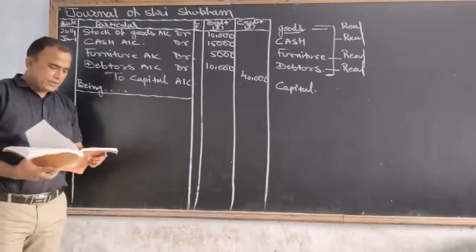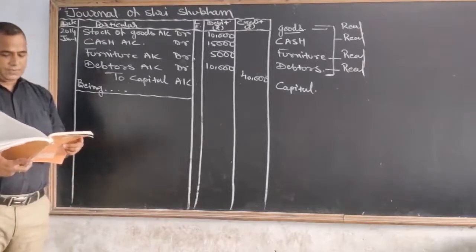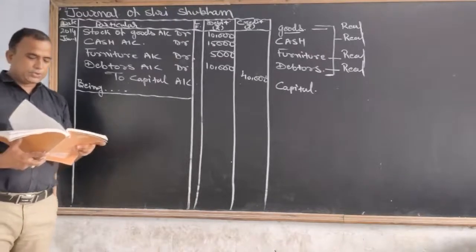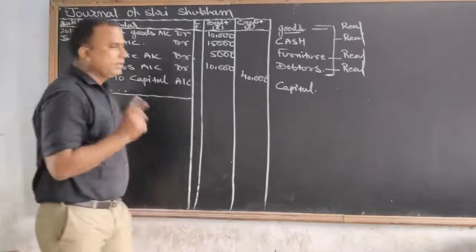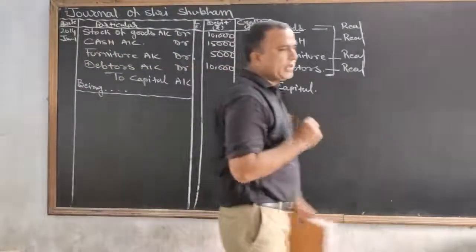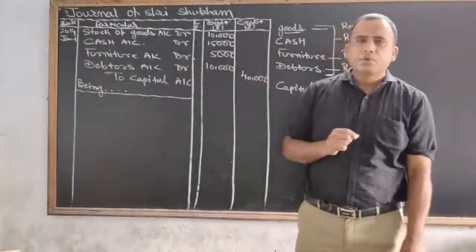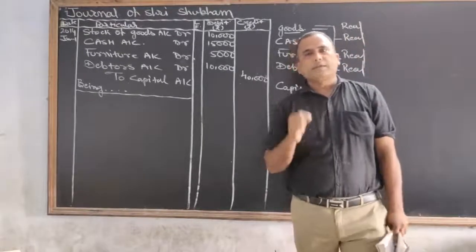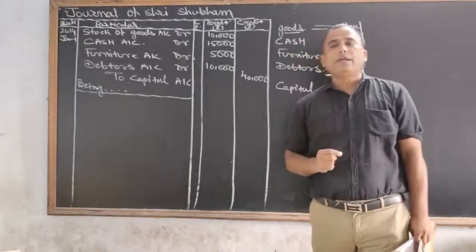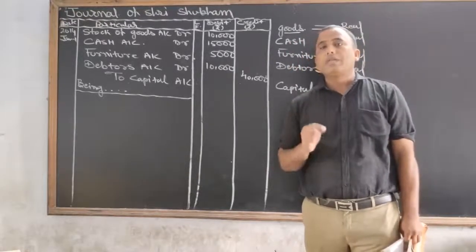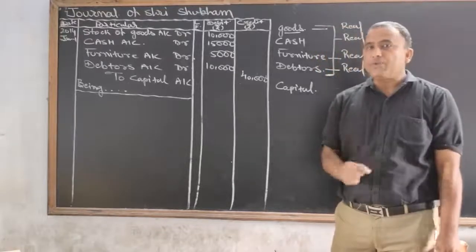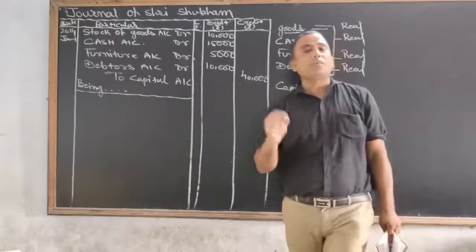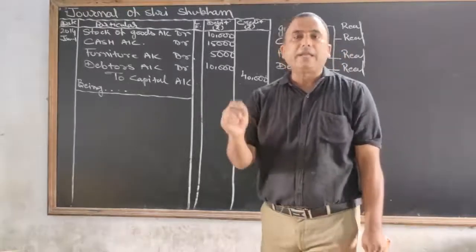Second number, personal motor car sold for rupees 80,000 and introduced rupees 50,000 in business. Now dear students, personal motor car sold for rupees 80,000. A personal transaction is not recorded in our accounting books till it affects the business.